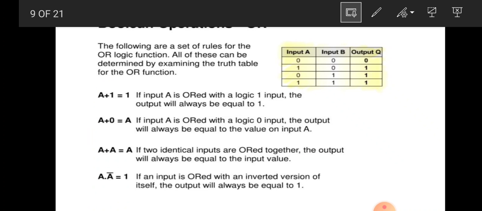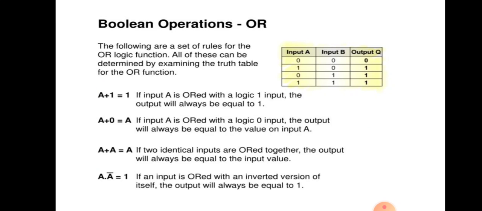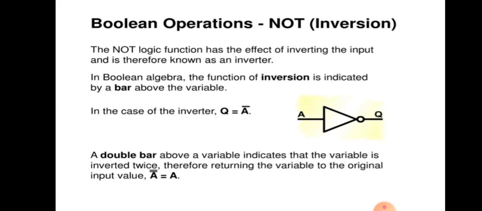Okay, so this is about the Boolean operations. Now the Boolean operation for NOT, that is inversion. The NOT logic function has the effect of inverting the input and is therefore known as the inverter. In Boolean algebra, the function of inversion is indicated by a bar above the variable.